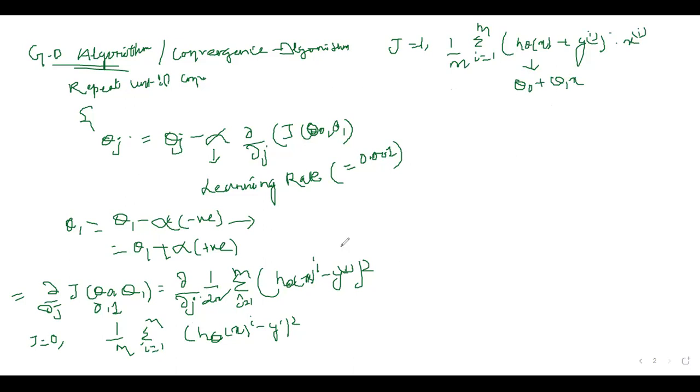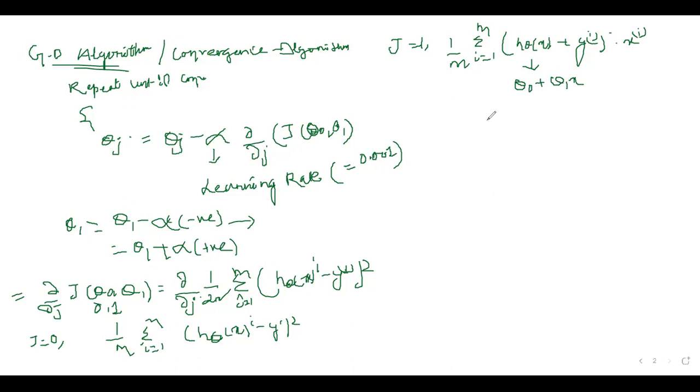So this is my complete gradient descent algorithm. By using this equation, we are adjusting our theta 0 and theta 1 parameters in such a way that my theta 1 value will reach the global minima.